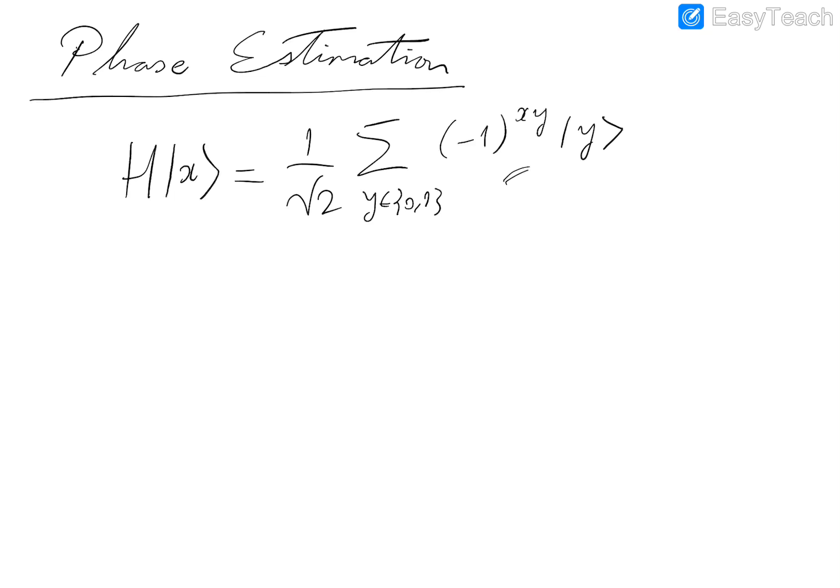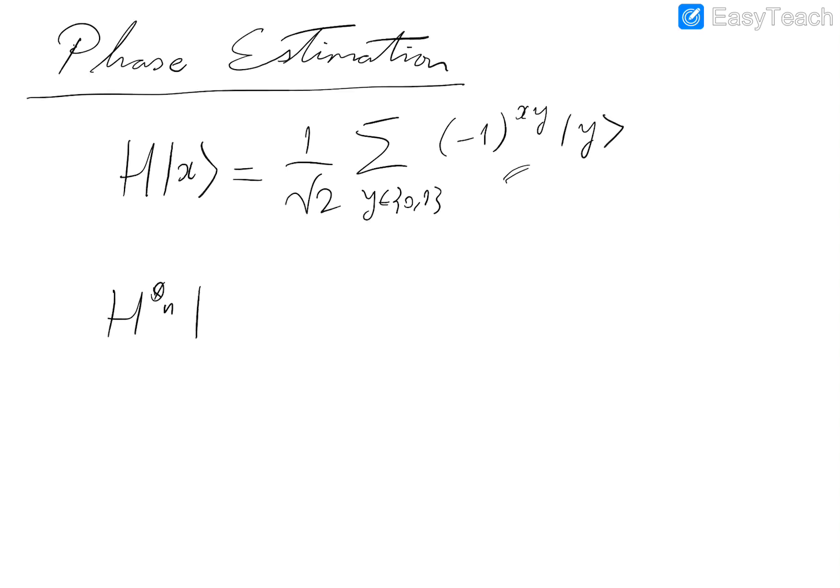The n-qubit Hadamard transformation acting on an n-qubit state x has a similar effect. So the n-qubit Hadamard transformation on an arbitrary n-qubit basis state, let me denote this by plain x instead of the fancy x for a single qubit.